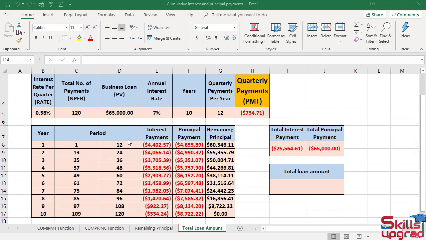As company borrows $65,000 to bank with 7% annual interest rate and 0.58% interest rate per quarter, then company pays total interest $25,564.61 and total principal payment $65,000 to bank within 10 years.